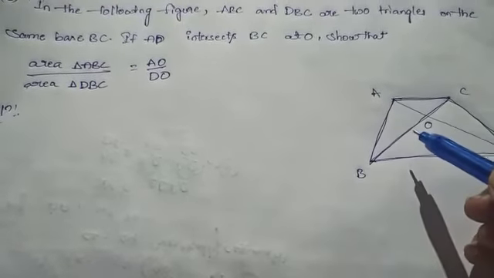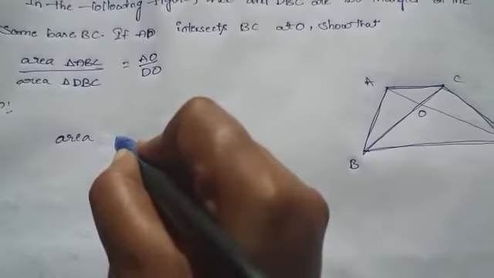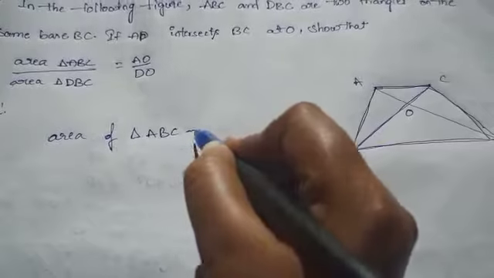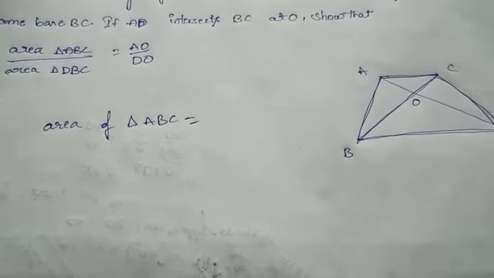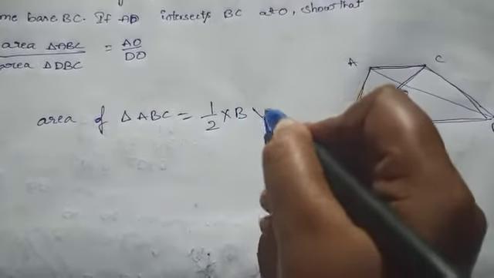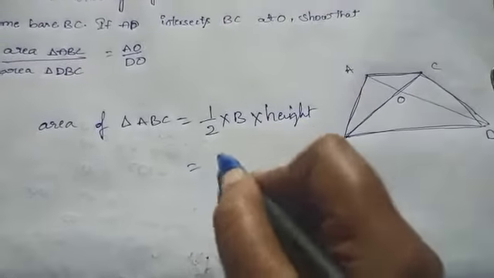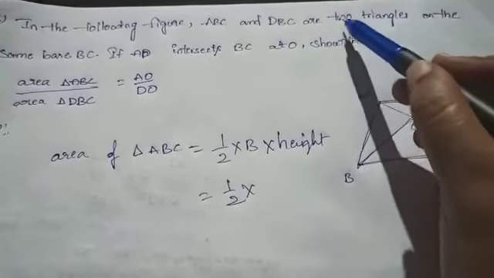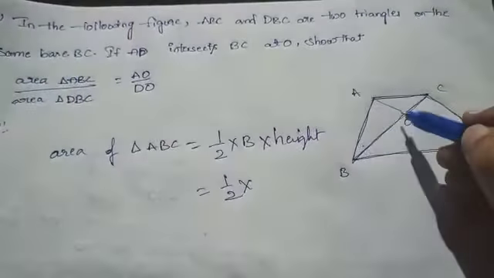First, what is the area of triangle ABC? What is the general form of triangle area? Half into base into height. Here the base is BC, two triangles on the same base.